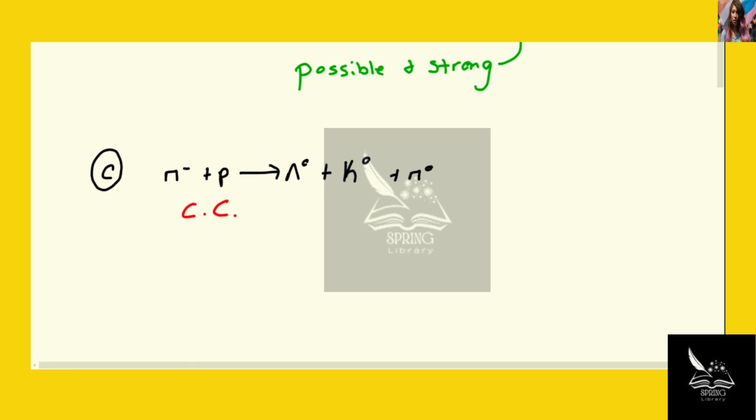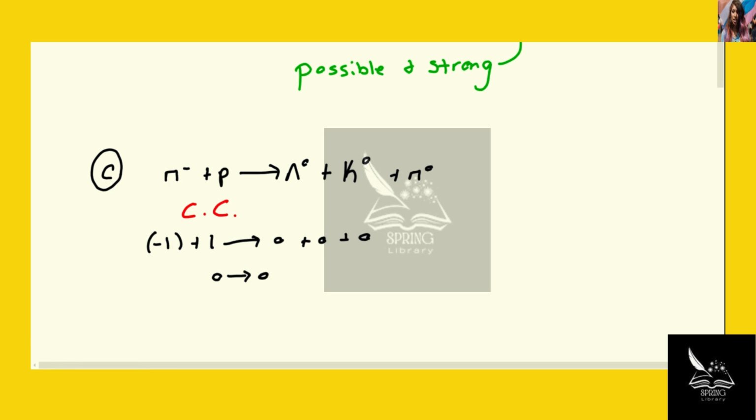It looks like if you conserve charge, we have -1 plus +1 going to 0 plus 0 plus 0. It's going to be 0 to 0.